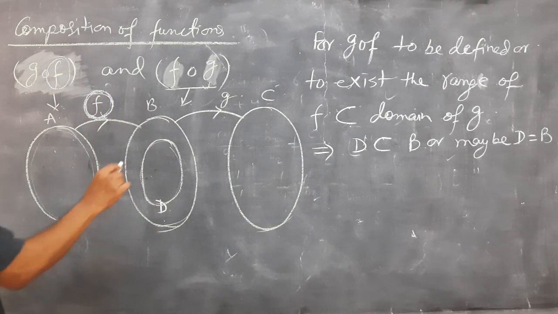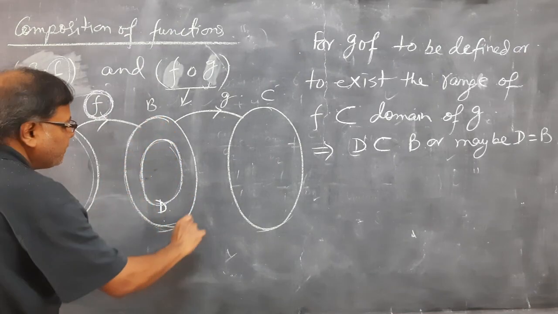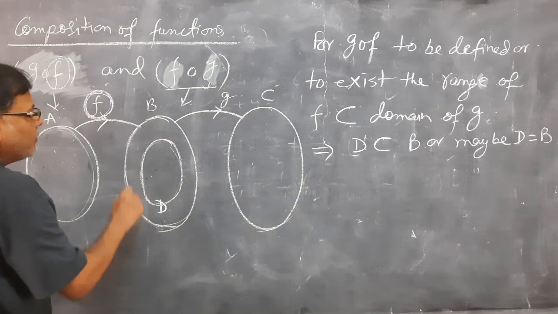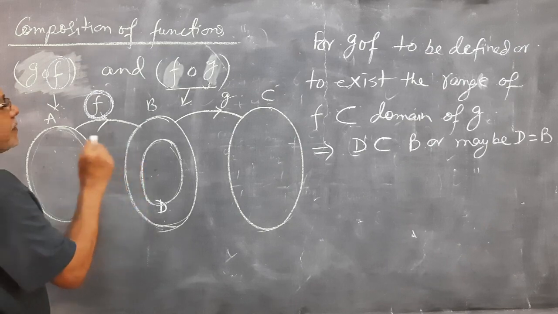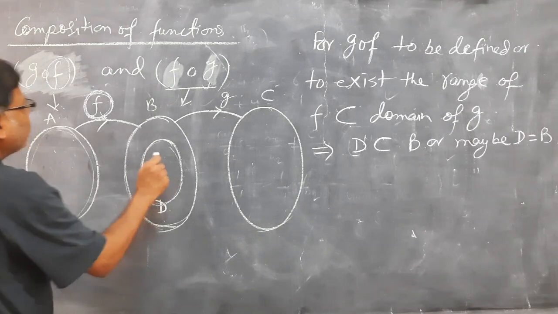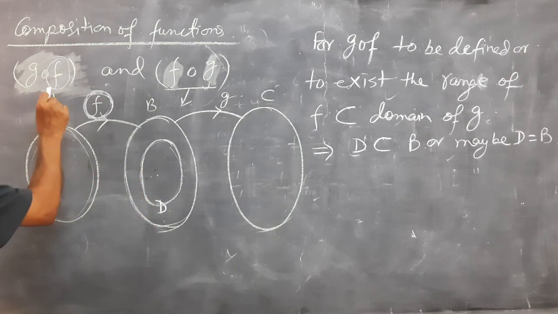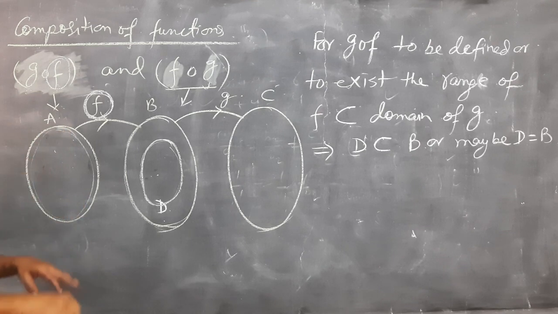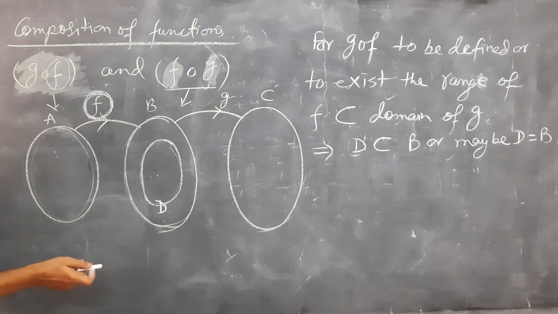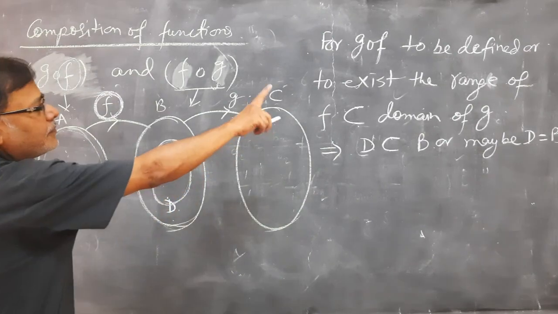And mind it, I have drawn this set D inside this B, or another situation could be that D and B may overlap. The meaning of this is what I have written over there: for GOF to exist, or to be defined, the range of f must be a subset of this set B, or equal to it.